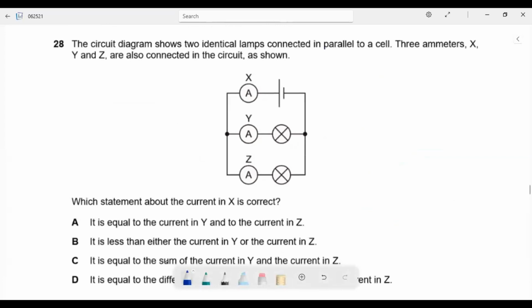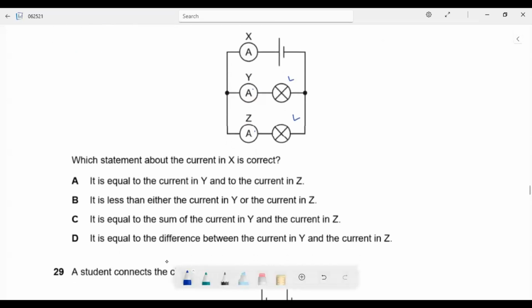The circuit diagram shows two identical lamps connected in parallel to the cell. So we can see here two lamps. Three ammeters X, Y, and Z are also connected in the circuit. Which statement about the current in X is correct? So we can see here the current is getting split like this.